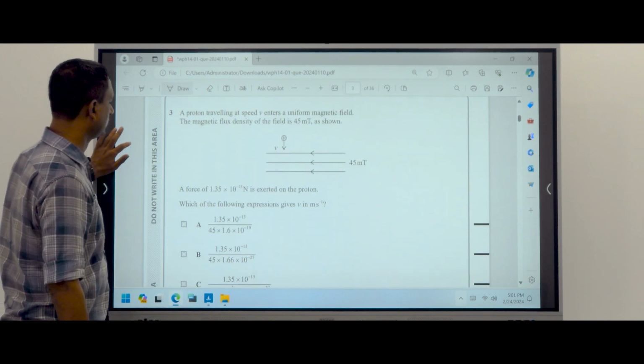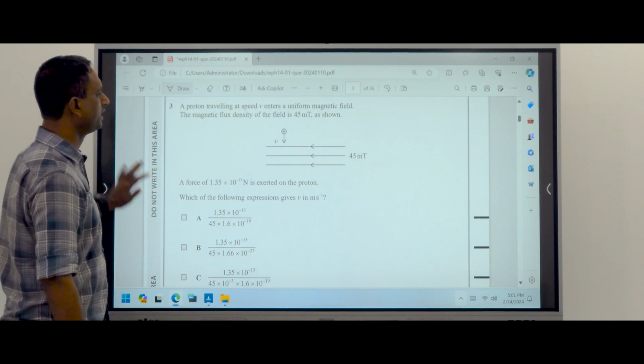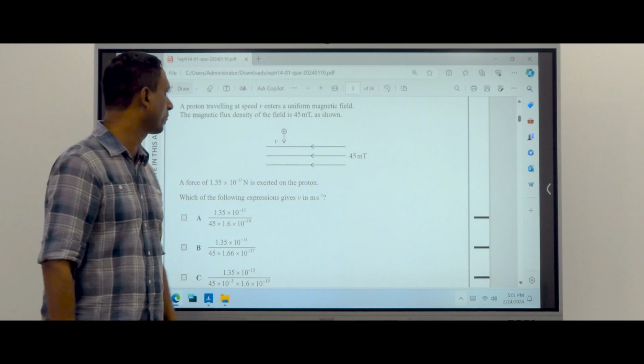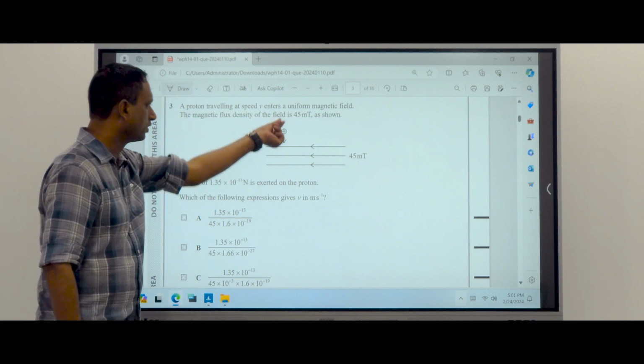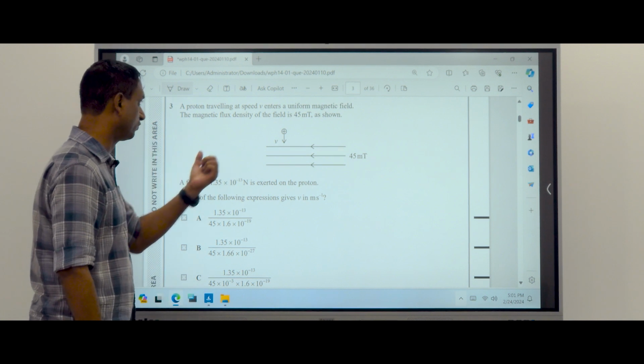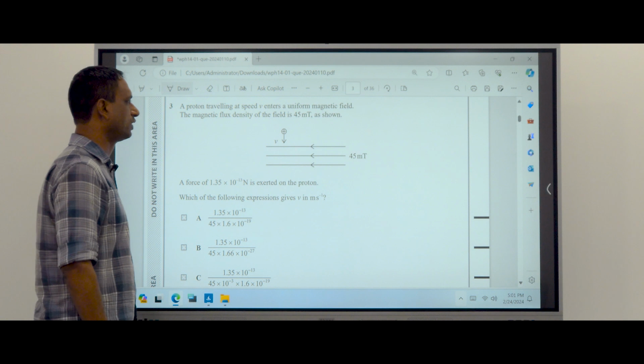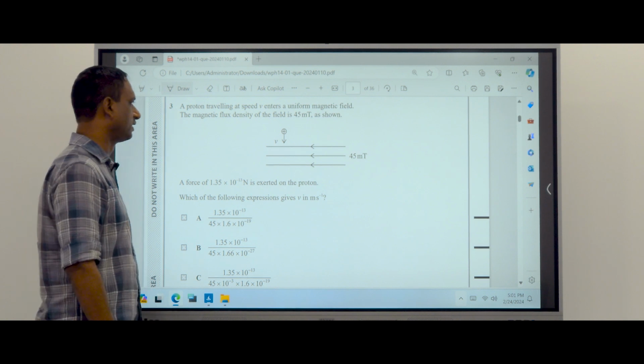A proton traveling at speed v enters a uniform magnetic field. The magnetic flux density of the field is 45 millitesla.